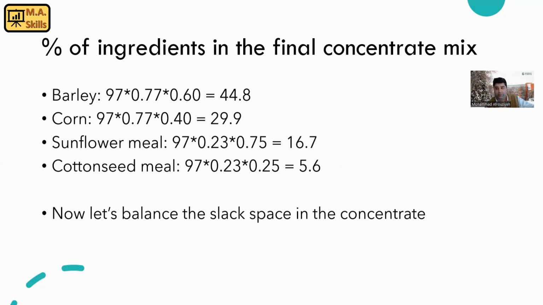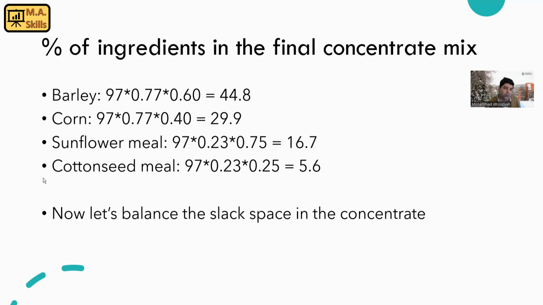That is the slack space part, which is the feed additives. So that's why we decided to formulate the feed ingredients in 97%. Right? So 97% we will have the feed ingredients, and 3% we will have the feed additives or slack space.